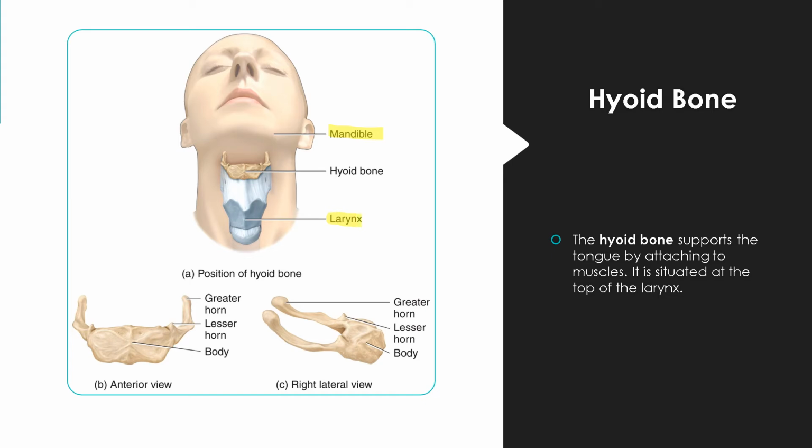Now, the hyoid bone has a couple of roles. It supports the tongue. It provides attachment sites for some tongue muscles and for some muscles of the neck and pharynx.